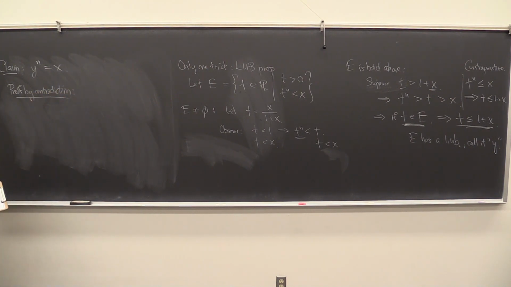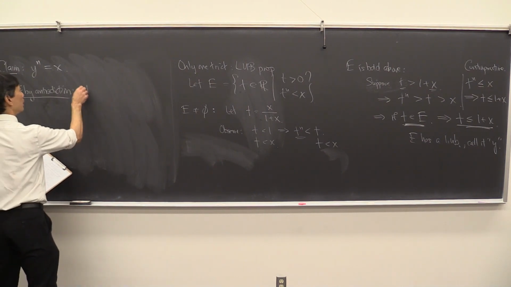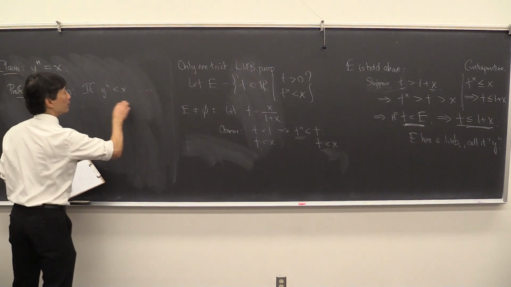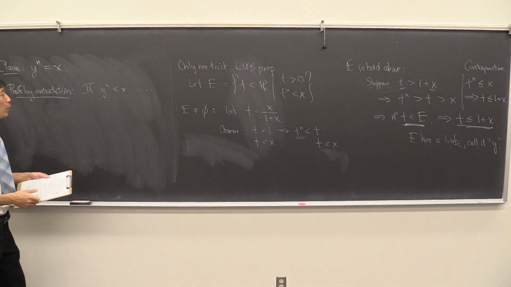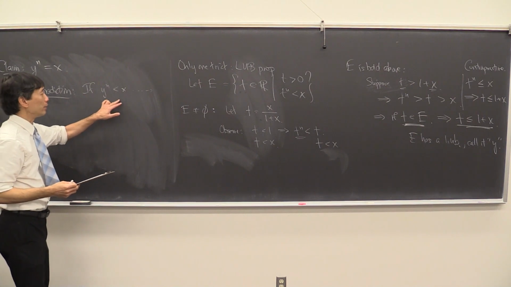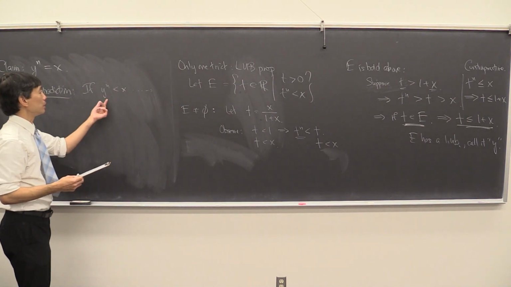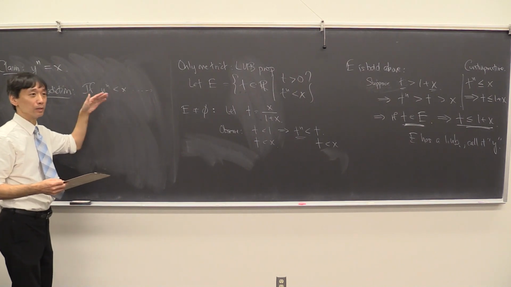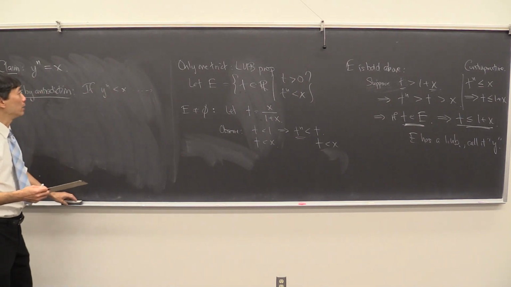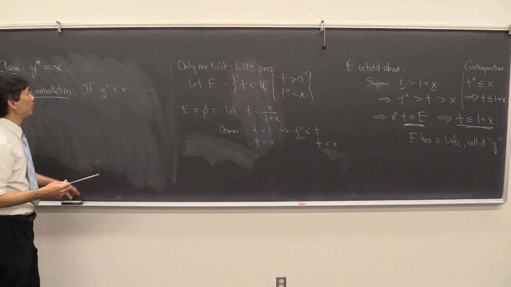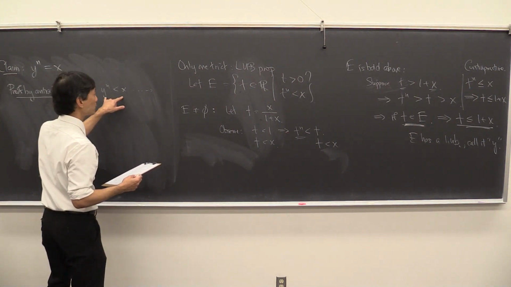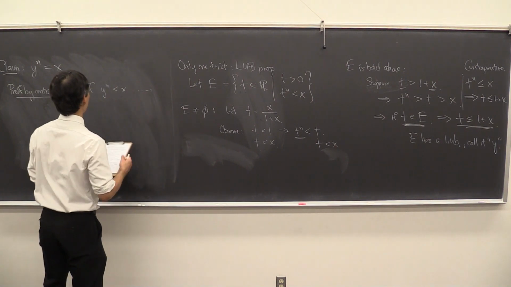What we're going to do is see that if y to the n is less than x, then we get some sort of contradiction. I'll leave it as an exercise to show that if y to the n is greater than x, we end up with some contradiction. It's the same sort of argument. So we'll just show the first part: if y to the n is less than x, then we end up with some contradiction.